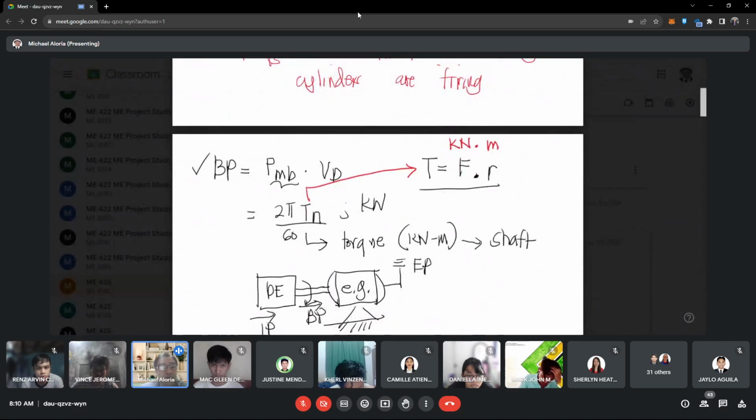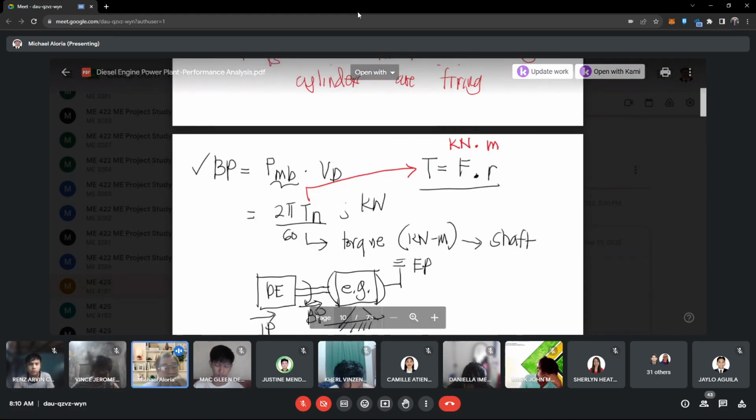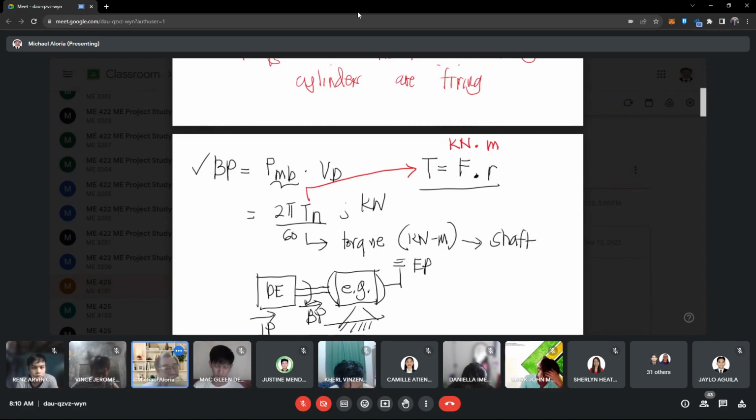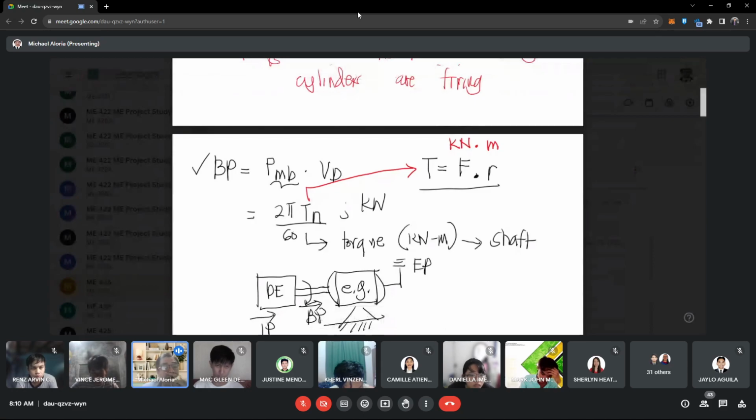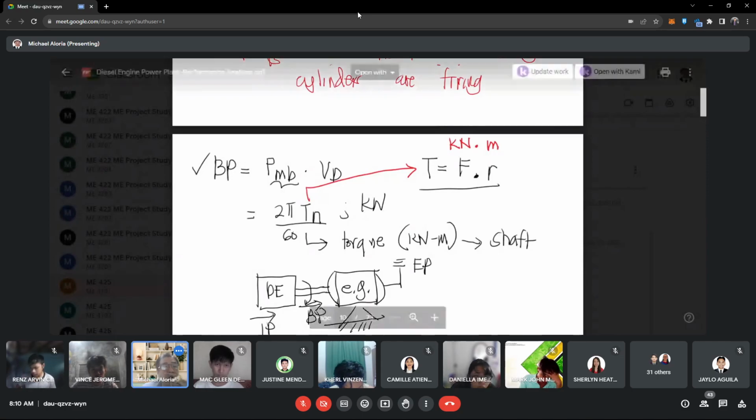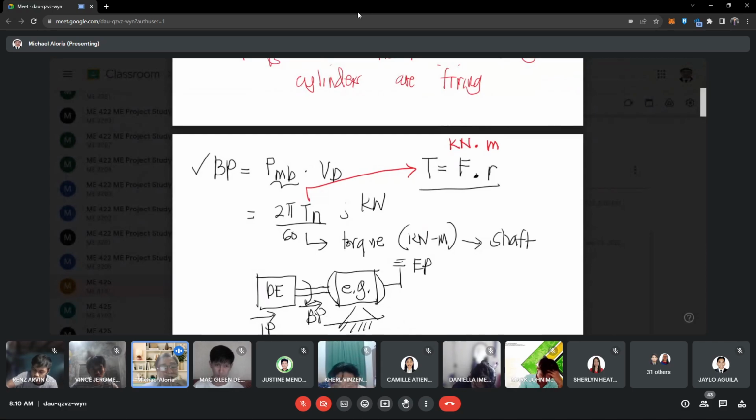Now, we can consider also your brake power. How can we measure your brake power? We can consider the use of brake mean effective pressure. Kung meron tayong indicated mean effective pressure, we can have also your brake mean effective pressure, if we are going to multiply it by volume displacement. Or simply, your brake power is just a function of your 2 pi Tn, because this is a shaft power.